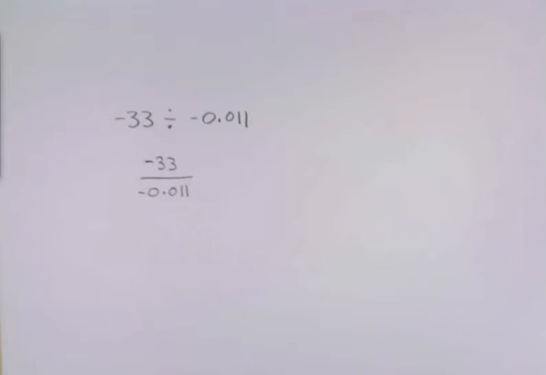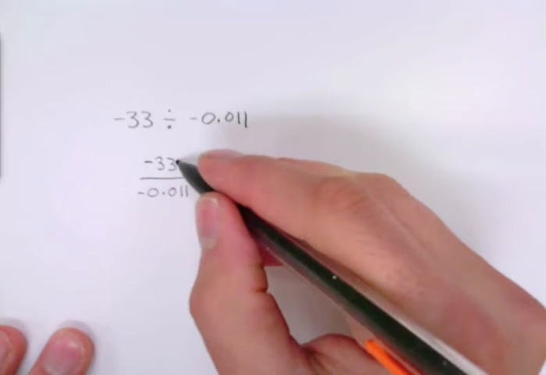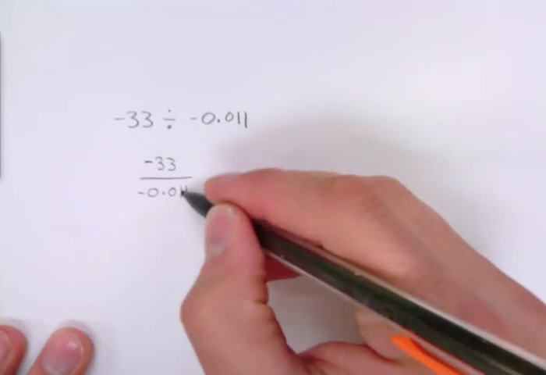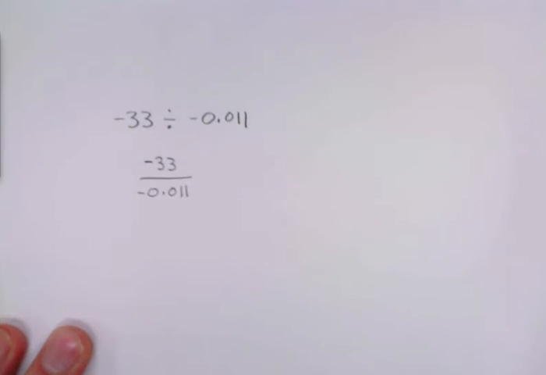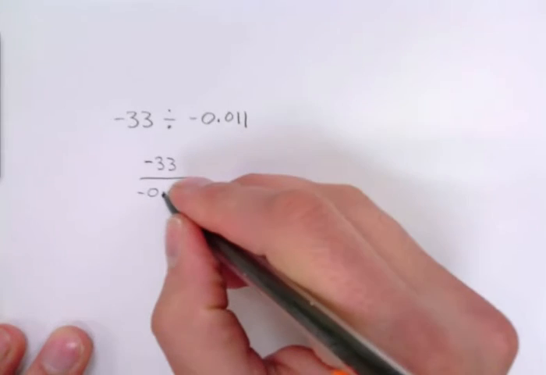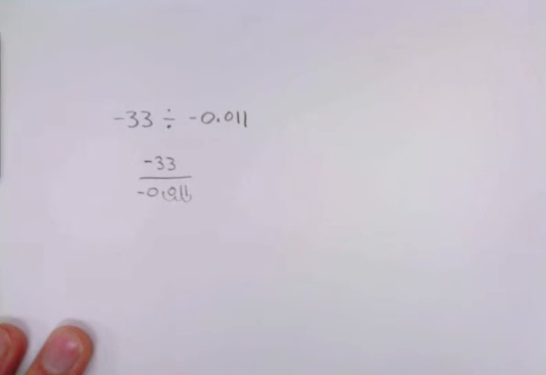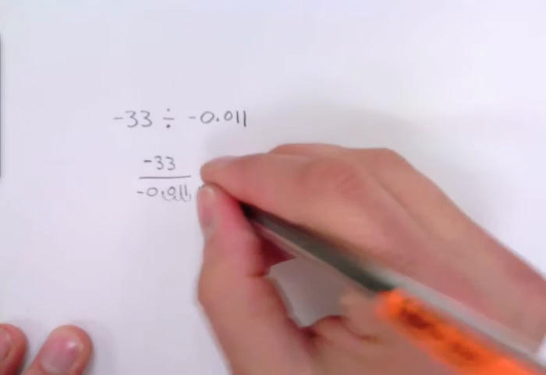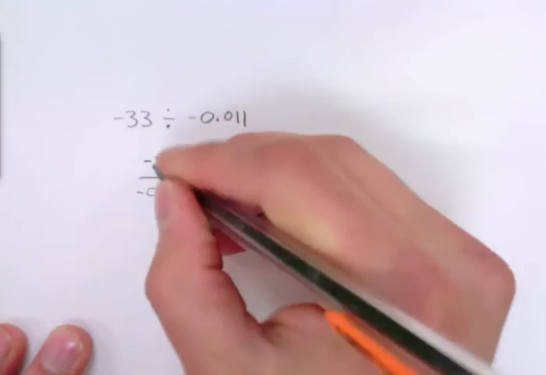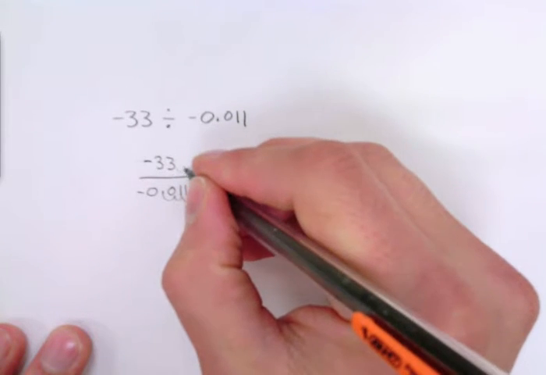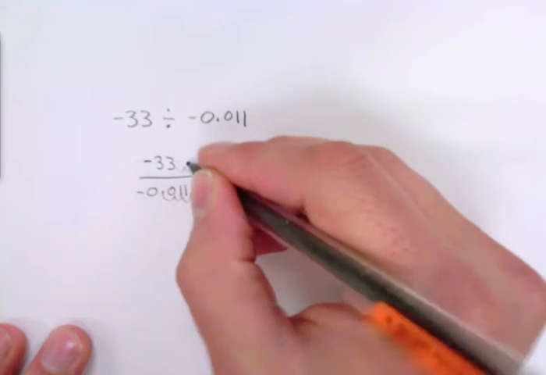All right? Next step is get rid of the decimals on the denominator. By doing that, I must do the same to the numerator as I do to the denominator, because we have to keep the proportions due to being fractions.